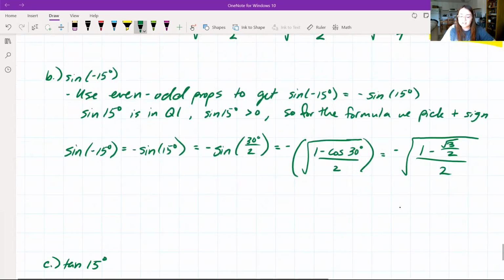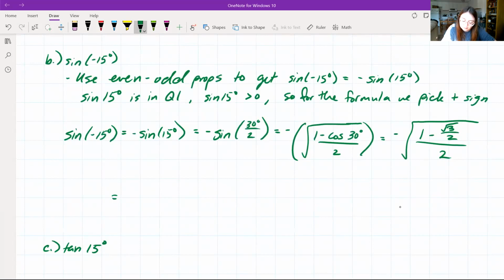So we're going to get a very similar answer here. So we have the negative square root of 1 minus square root of 3 over 2 times 2. We're going to multiply this once again by 2 over 2.